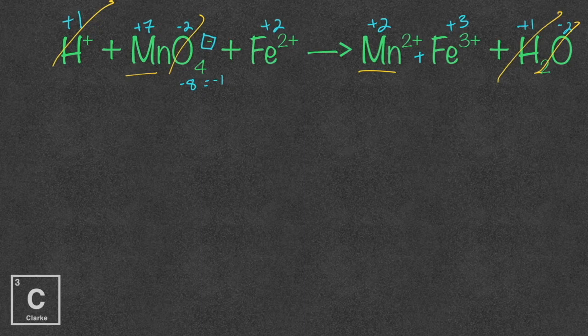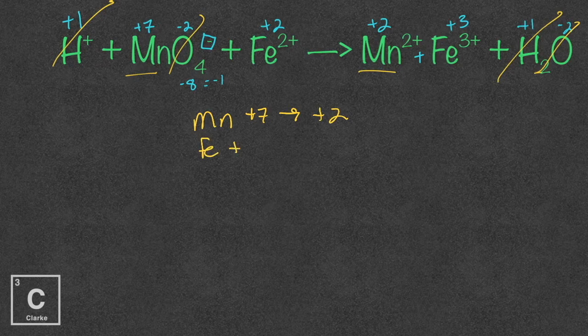So we're concerned that manganese went from a +7 to a +2. We're also concerned that iron went from a +2 to a +3. Let's look and see what that means. Okay, so if manganese went from a +7 to a +2, it's gaining electrons, right?